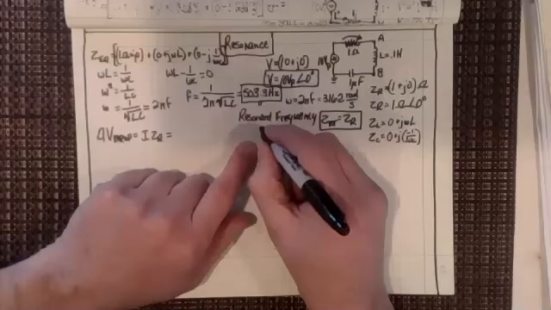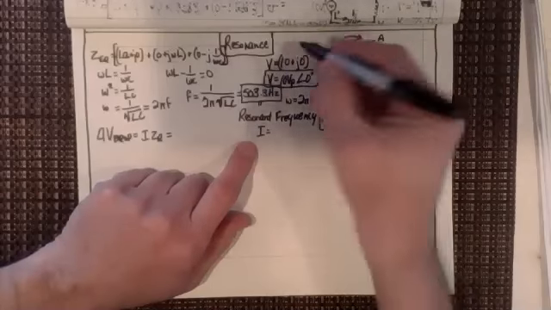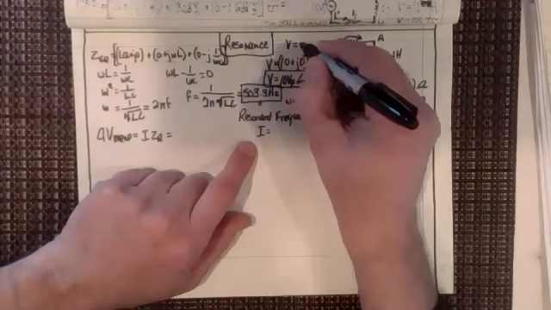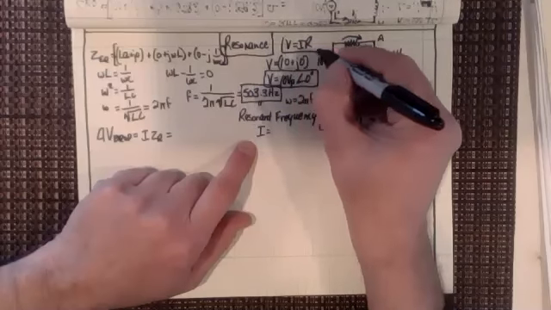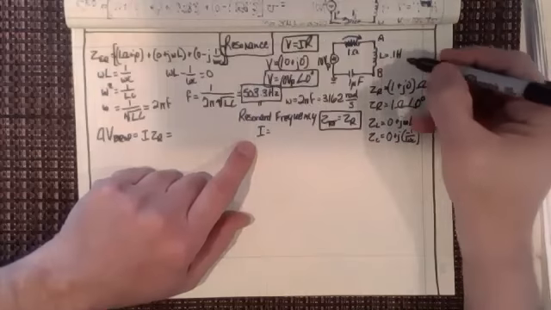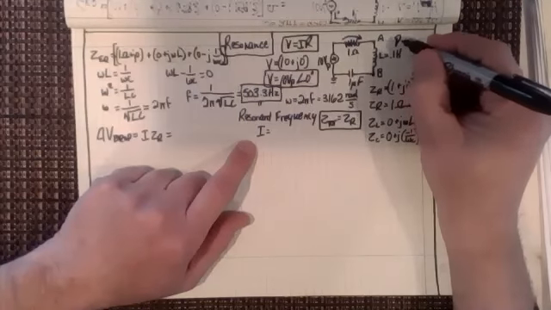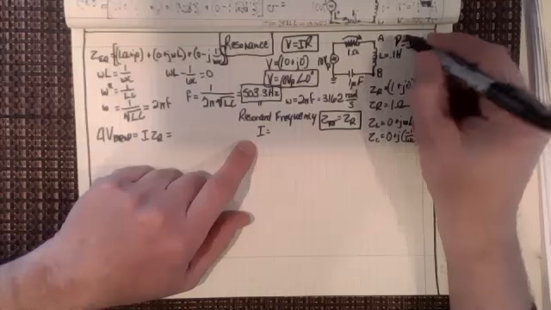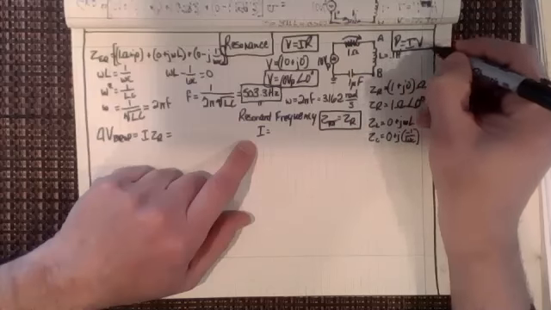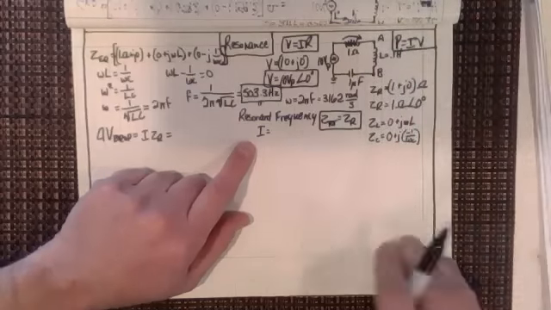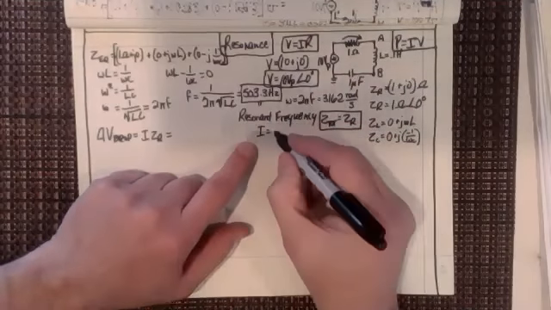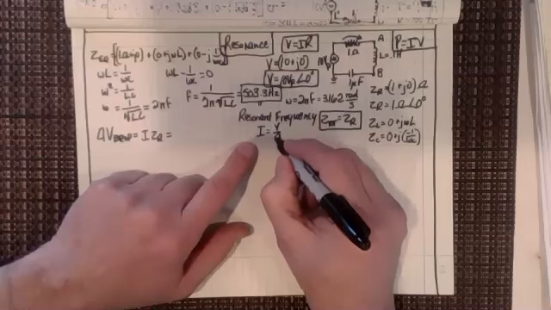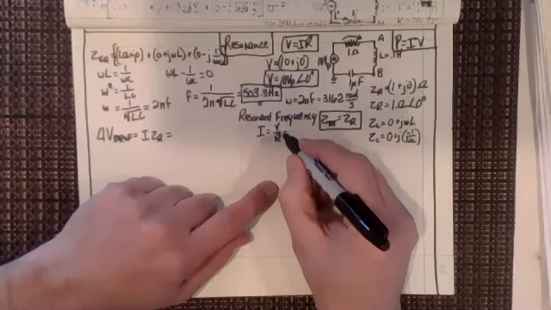So if we wanted to find out what the current was, we just use Ohm's law. I always leave a place up here for Ohm's law, don't I? V equals IR. And we should put another thing up here too. P equals IV. Let's always remember that. Two important equations. So I equals V over R, right?